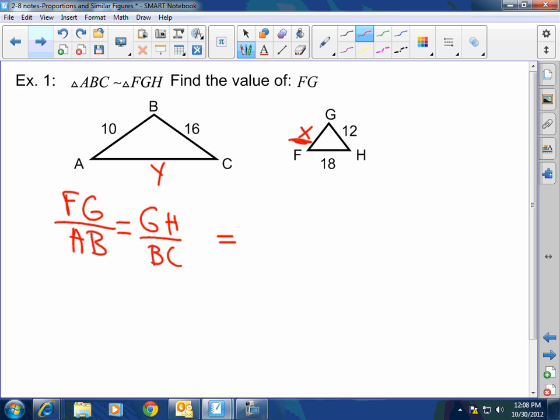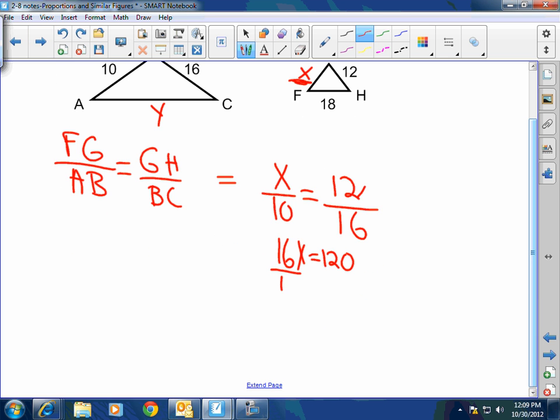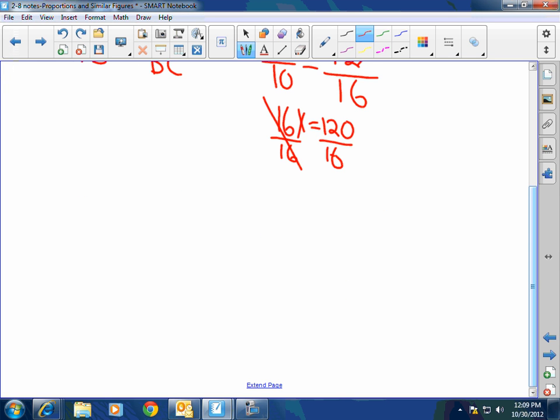So I basically am going to do X, which corresponds to 10, equals 12, small triangle, to 16, which corresponds to 12. And now I cross multiply. 16x equals 120. Okay, divide by 16. You know me, I like to reduce things.